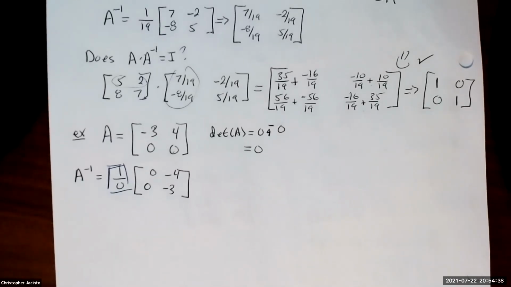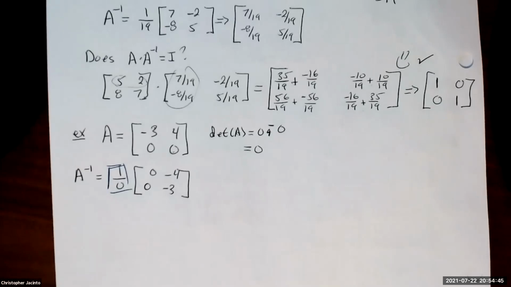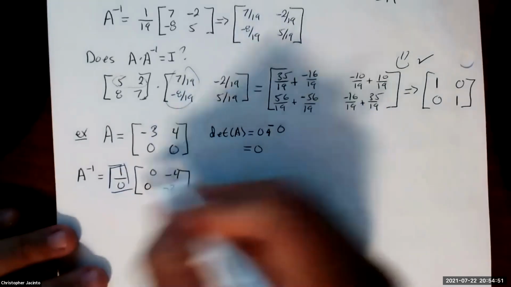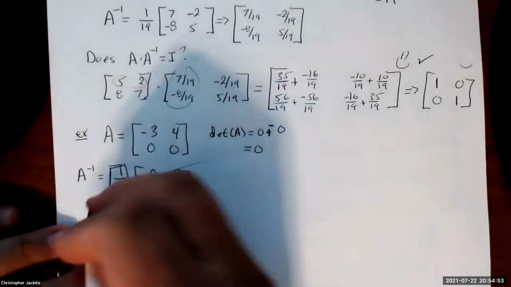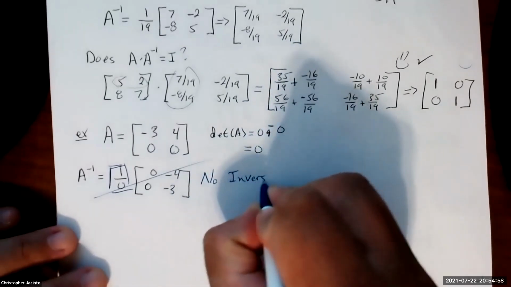No. No, you can't have a 0 on the bottom of the fraction, right? It's undefined. Remember going back to vertical asymptotes? They have a slope of 0 or undefined. So therefore, this is actually incorrect. This has no inverse at all.